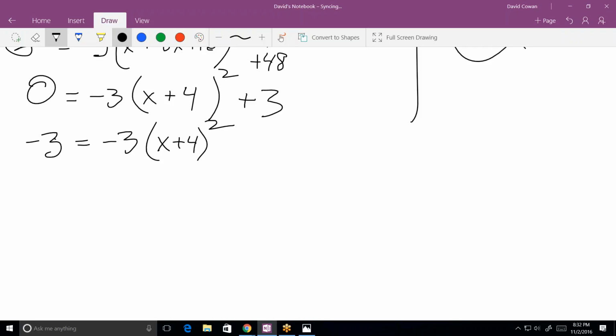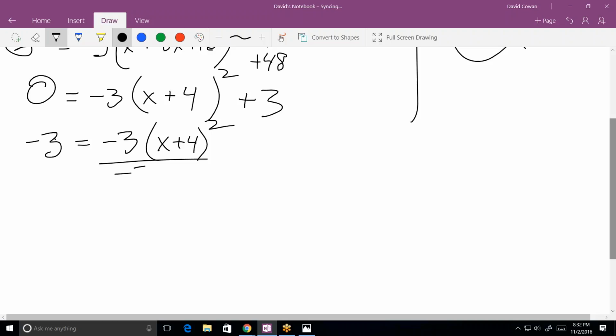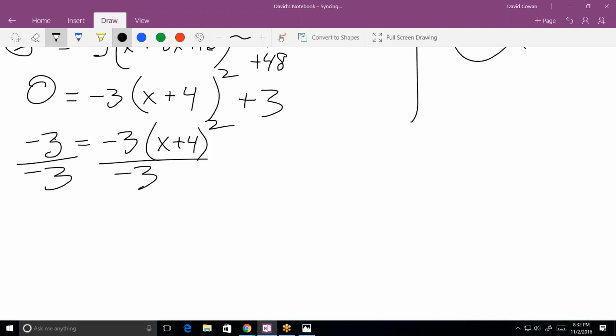Being multiplied. What do I have to do to get rid of it? Divide. It's always the opposite. Divide by minus 3. I get 1 equals x plus 4 quantity squared.